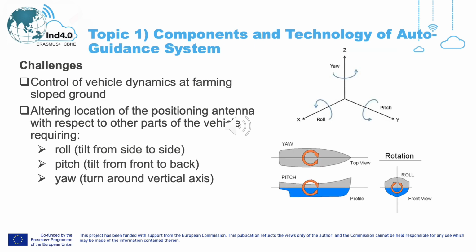Control of vehicle dynamics becomes more challenging when farming sloped ground. Thus, roll, meaning tilt from side to side, pitch, tilt from front to back, and yaw, turn around the vertical axis, alter locations of the positioning antennae with respect to other parts of the vehicle.